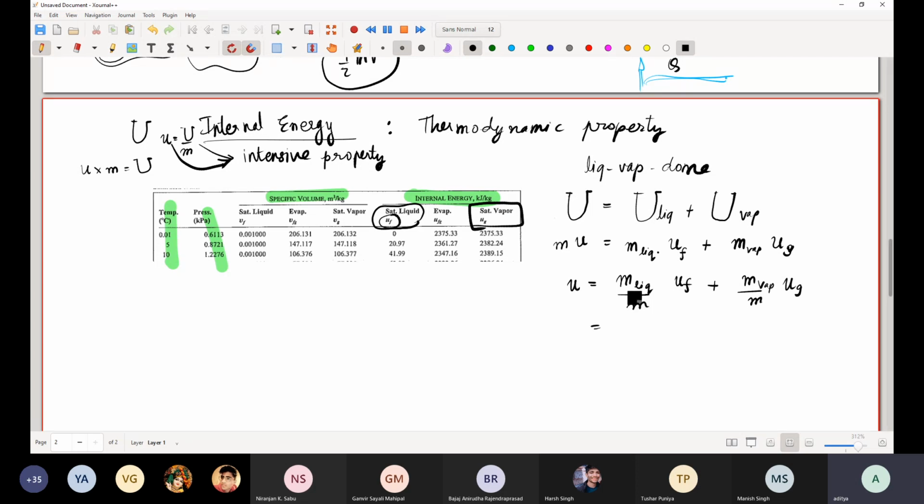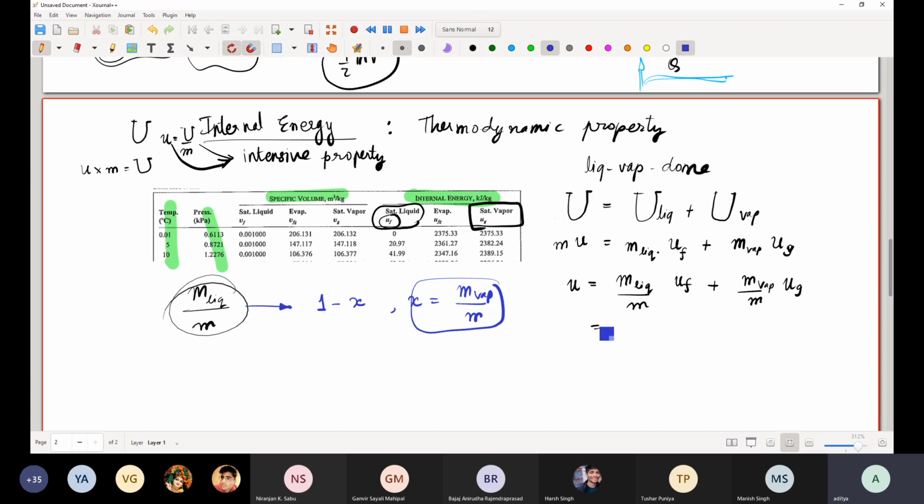What have we defined already as M liquid over M? We have used it in fact to solve problems: 1 minus x, 1 minus quality, whereas the quality is defined as m vapor over the total mass.